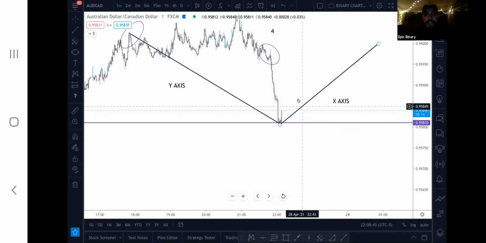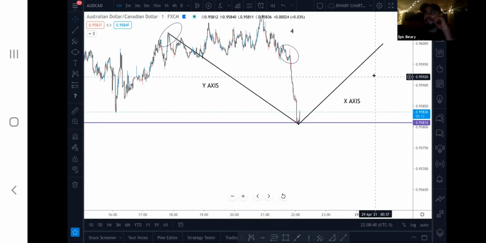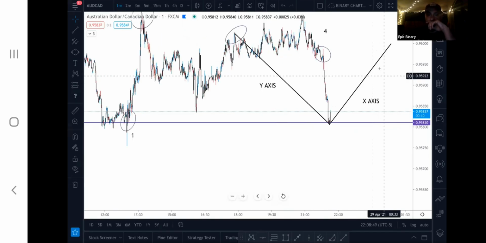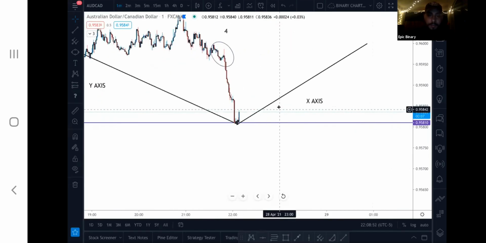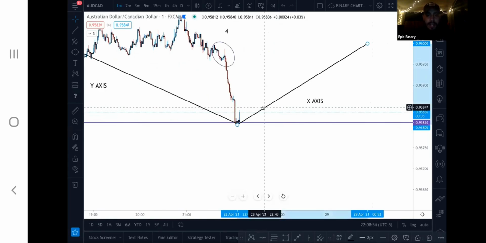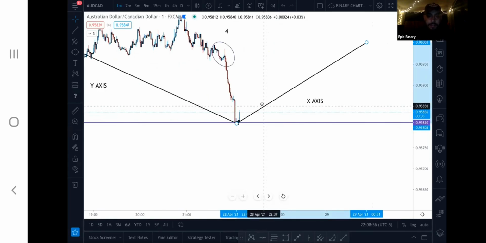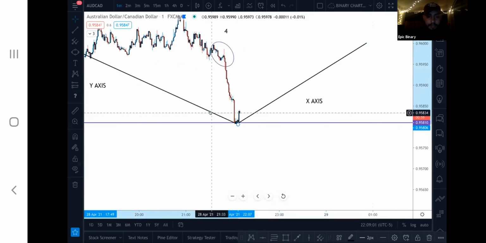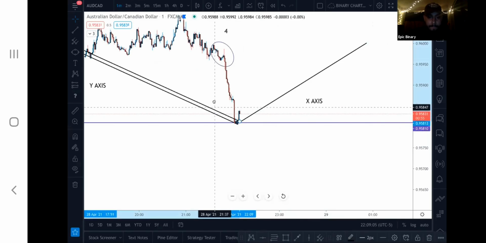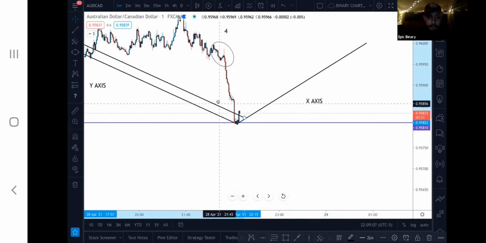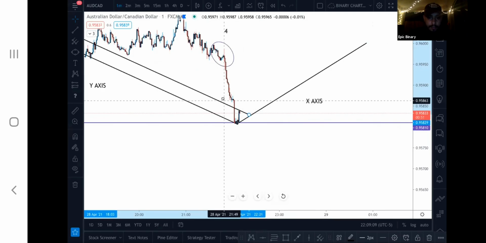So now we have our X and Y axis. We are then going to copy our lines. Let's copy our trend line. All right. I see the first rejection here, so I'm going to put my first box there, my first trend line there.